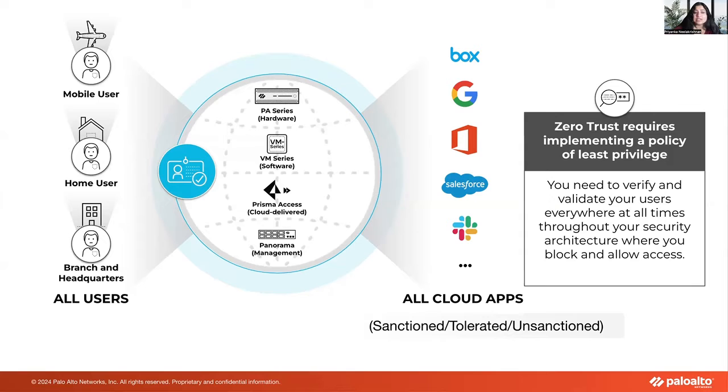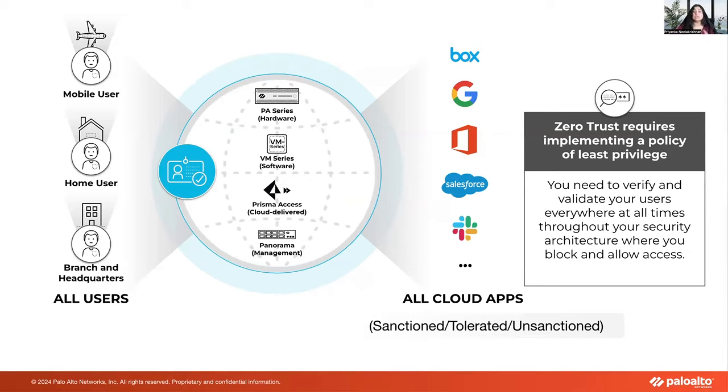Number three, assume breach. Instead of assuming that the perimeter is impenetrable, Zero Trust assumes that attackers may already be inside the network. Therefore, continuous monitoring and detection of anomalous activities are essential components of a zero trust approach.